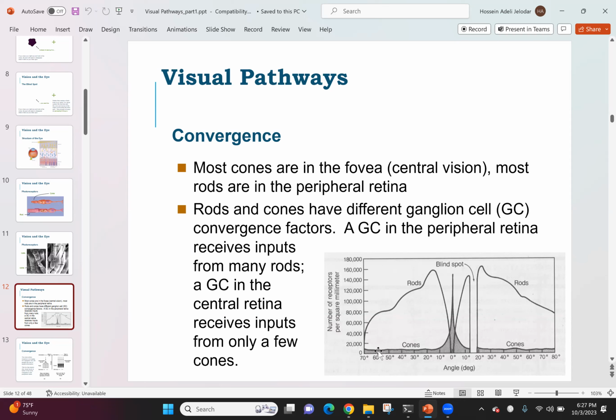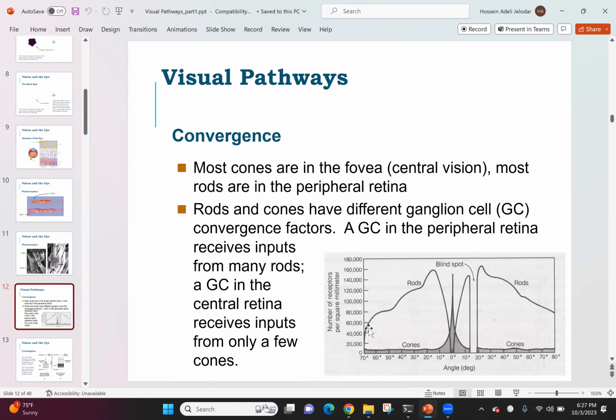So this is a distribution. The area near the fovea is packed with cones, and the area in the periphery is packed with rods. Now there are a few cones in the area far from the fovea as well, but they're not as many. Most of them are in the fovea. And then the rods are outside.